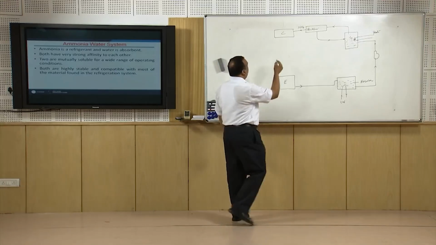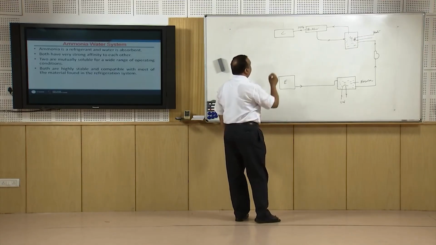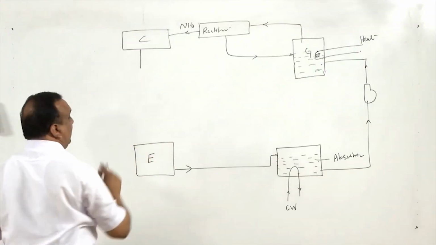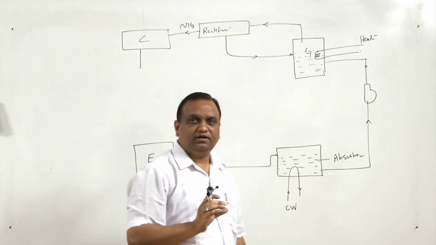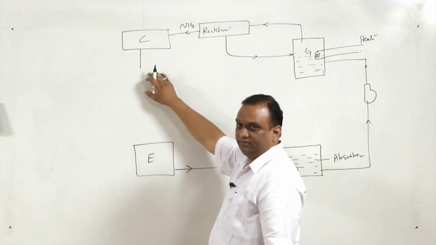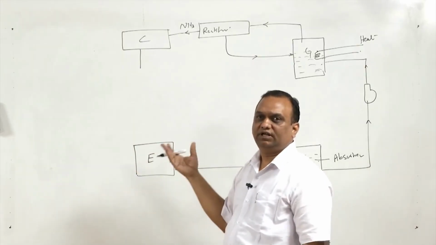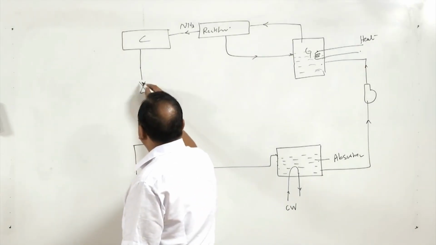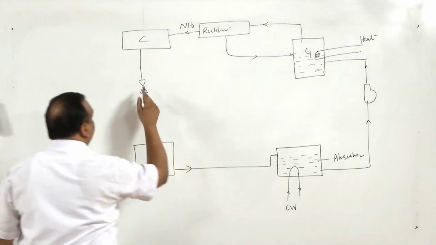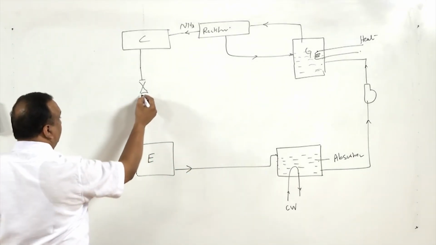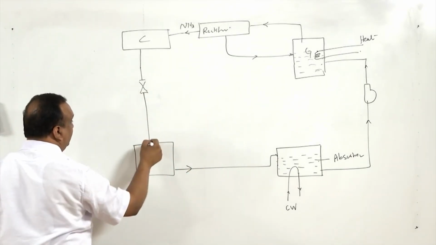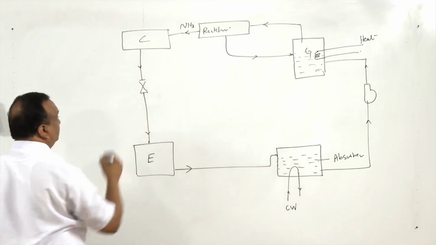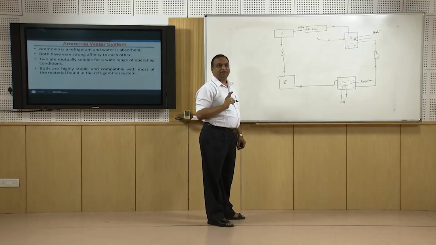At the exit of the condenser, we have high pressure liquid with low temperature, as normally happens in a vapor compression system, and after that expansion of this ammonia takes place. This is anhydrous ammonia, and then after expansion it enters the evaporator.